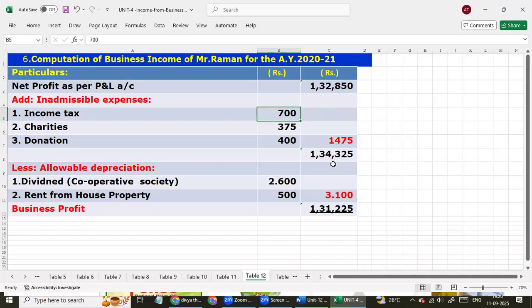But since the income of 3,100 is not business income, it is non-business income, I had to deduct it. So my profit for tax will be 1,31,225. So as per capital gain, my profitability is accounted for taxation and the correct profit is 3,31,225. Now take the last example, then we'll move to the next chapter.